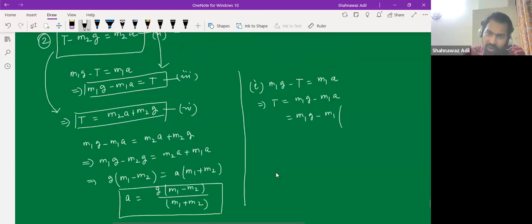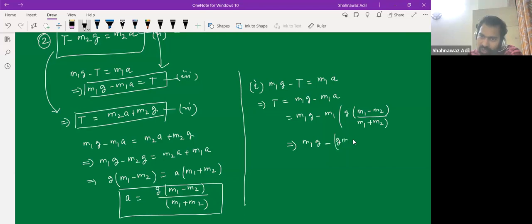what was the acceleration that you got? This is g times M1 minus M2 divided by M1 plus M2. Okay, so what you will get? You will get M1g minus g M1 square and minus g M1 M2 divided by M1 plus M2.